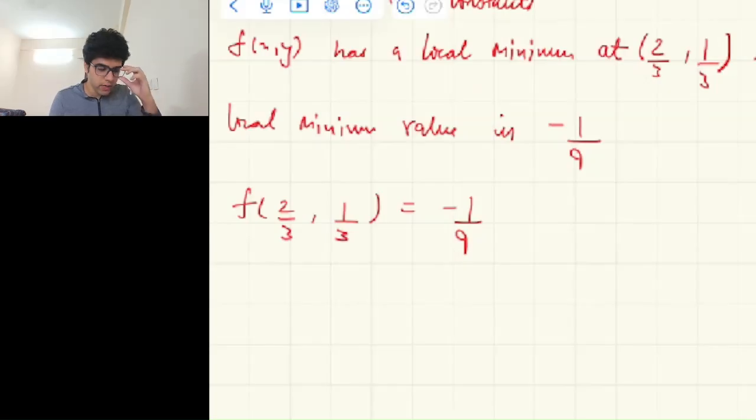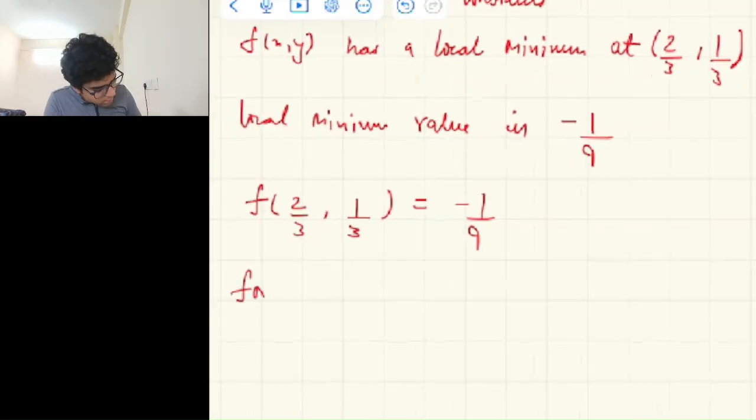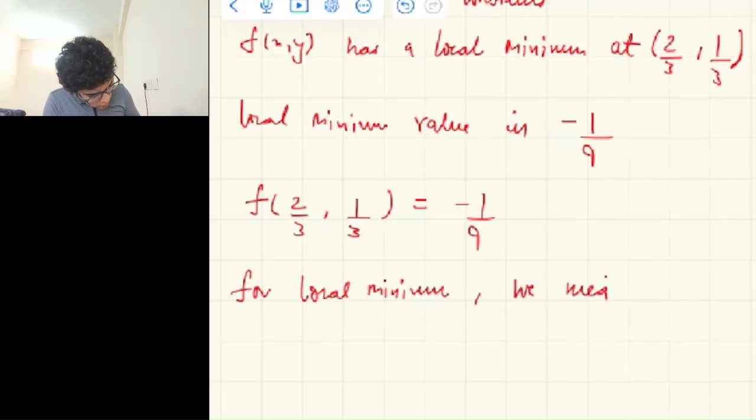So now we need to find the values of a, b, and c. For local minimum, we need to find the stationary points, right?